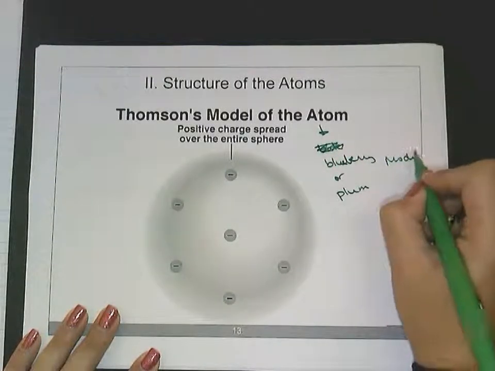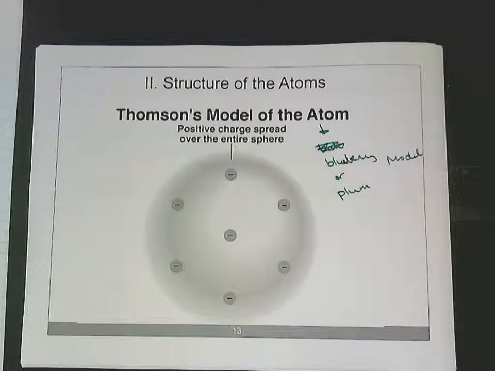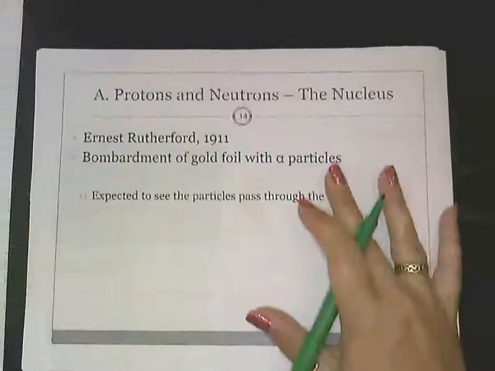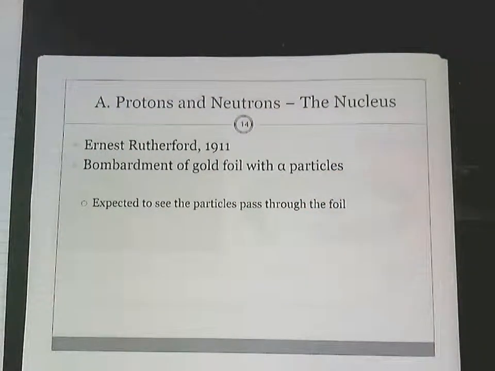So the Thomson model is this either blueberry muffin or the plum pudding model. So that was the model at the time. So about 1909, 1910, I guess 1911, Rutherford set out to determine if that was in fact the correct shape.